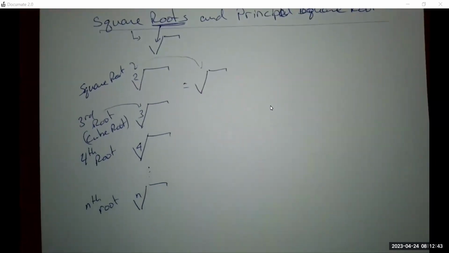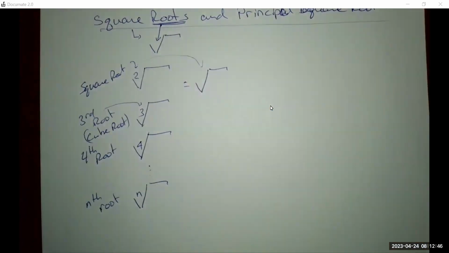All right. So let's define square roots.